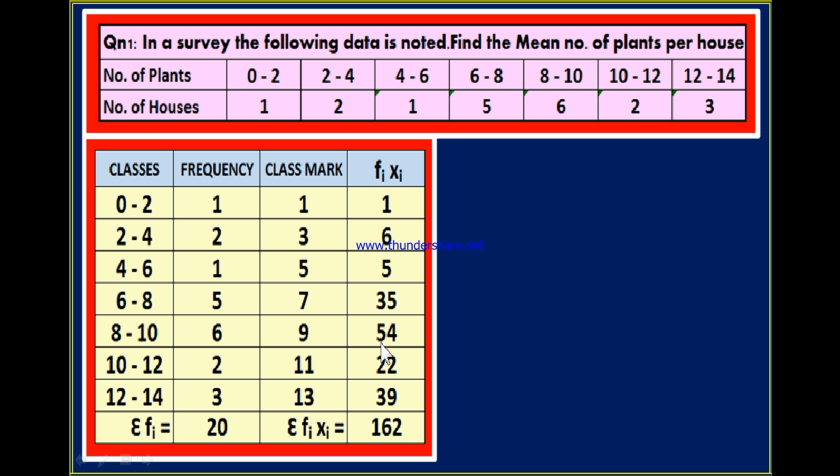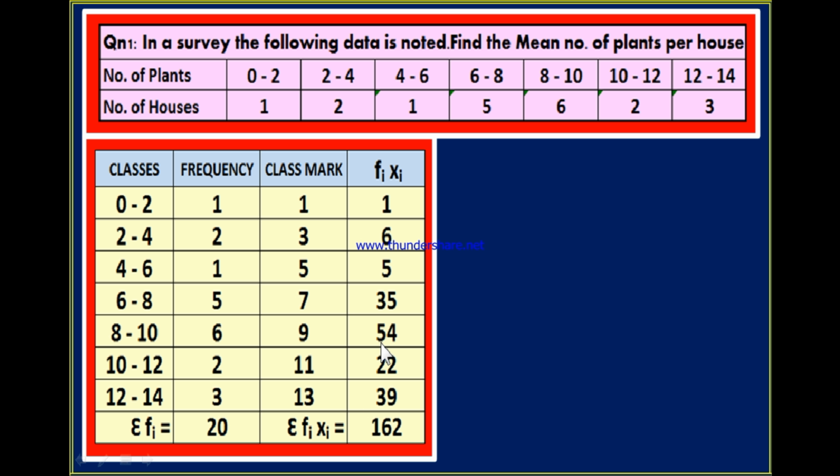You observe the solution now, dear children. Here we have given the classes: 200 to 250, 250 to 300, 300 to 350, 350 to 400 and 400 to 450. We took the classes as the first column. Now the next column is for frequency, which is nothing but the number of workers: 12, 14, 8, 6 and 10.